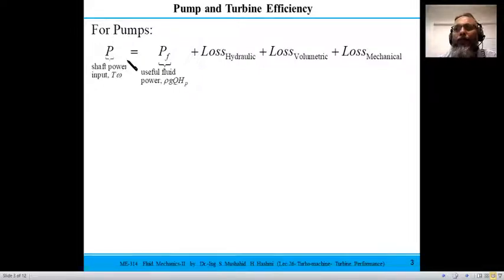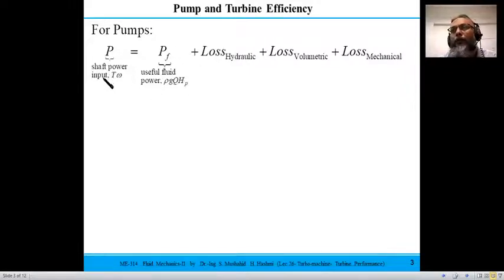Shaft power is the input power, which is T times omega, and some part of that energy supplied through the shaft is taken by the fluid, which we call useful fluid power, which is rho g Q hp, where hp is the pump head, the head developed by the pump.